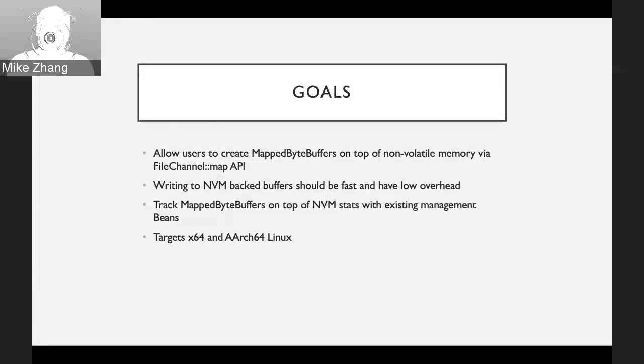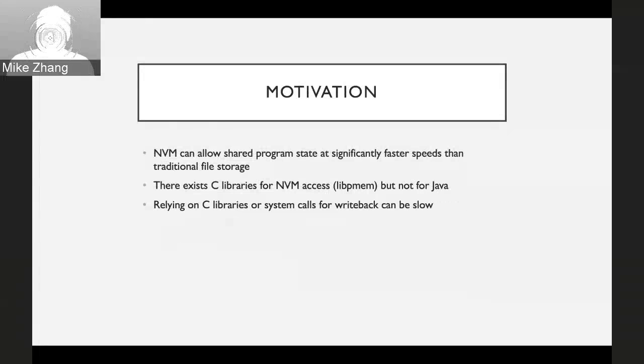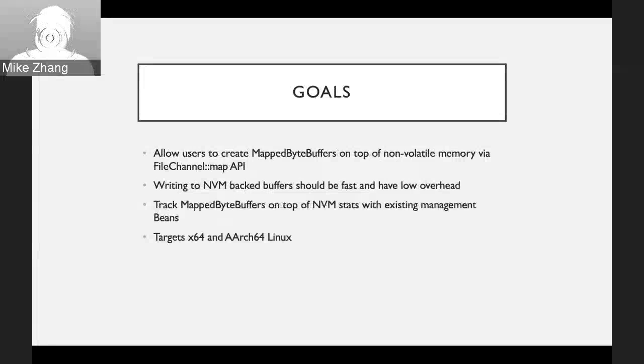So it should at least be better than relying on libraries or system calls to commit any changes from memory to the actual backing device. And the last goal is to have a management bean that tracks the stats of map byte buffers that are on top of NVM.